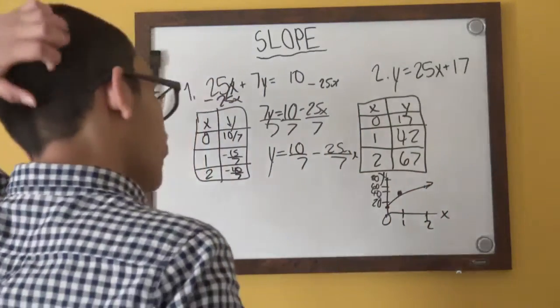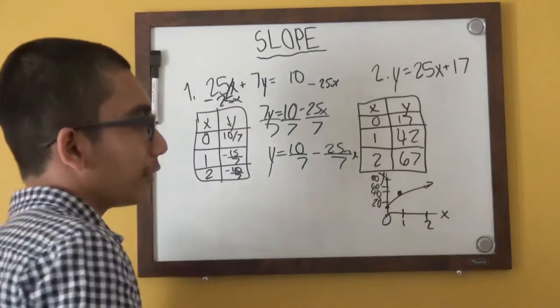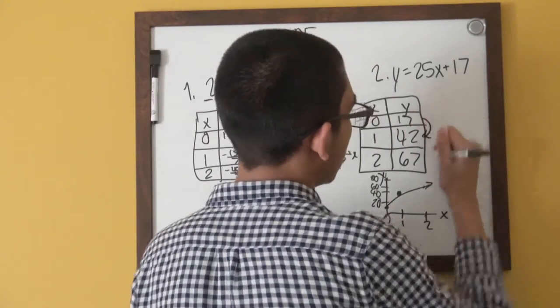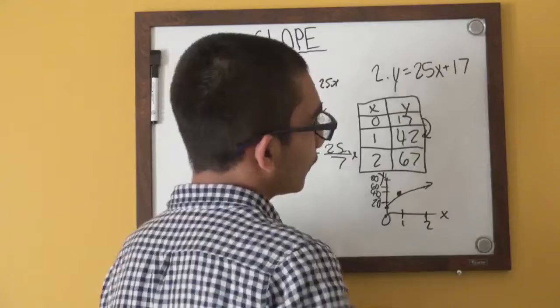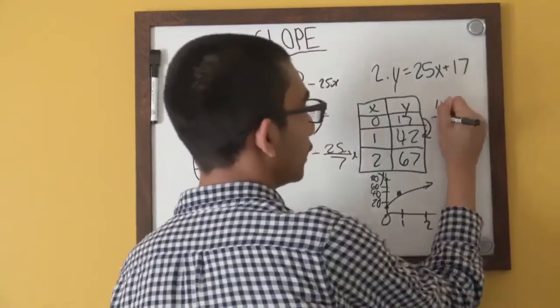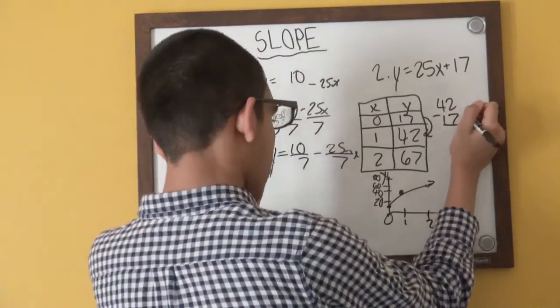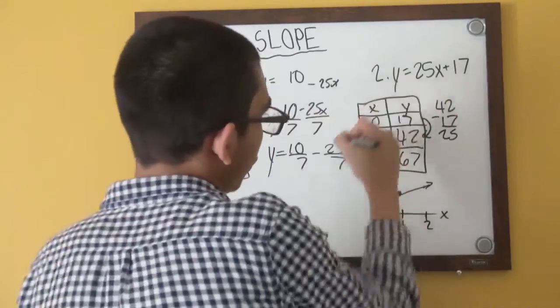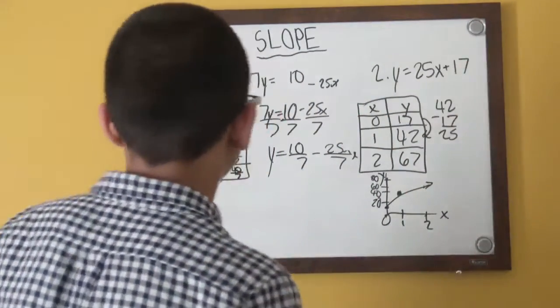Okay? So let's also check it for right. So from 17 to 42. Is that 25? Let's check. 42 minus 17. 25. Yes. So, and 1, so we know we're correct.